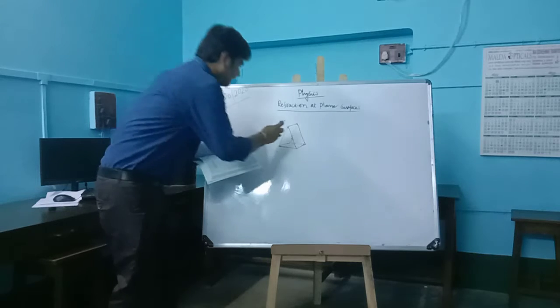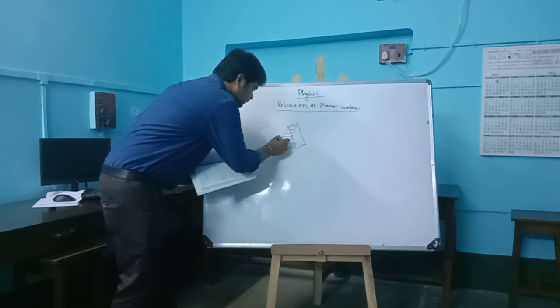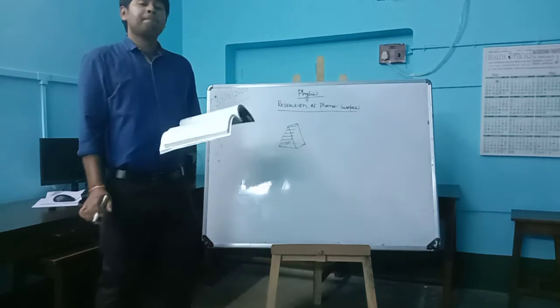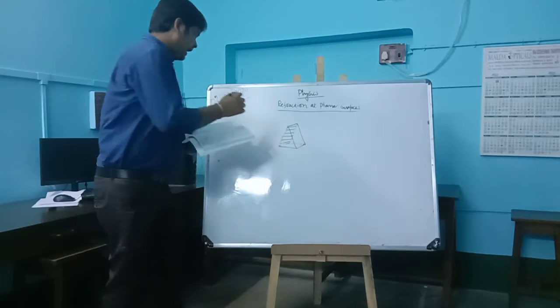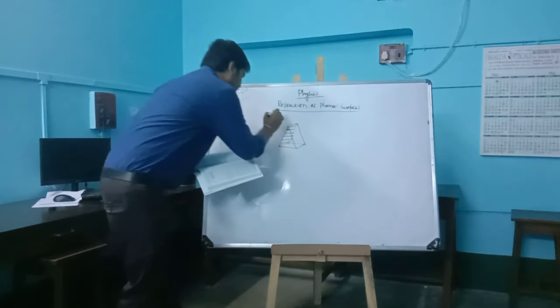These two surfaces, this surface and this surface, are the refracting surfaces, and this angle is called the angle of prism.